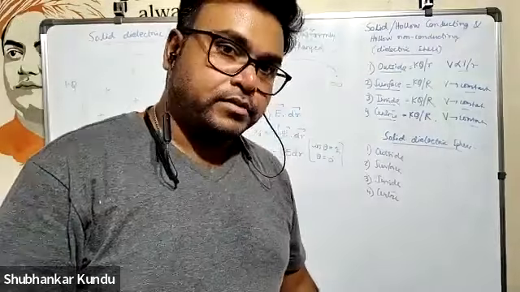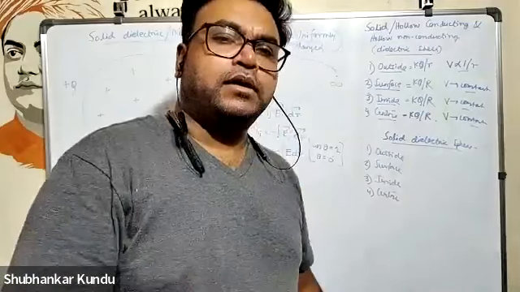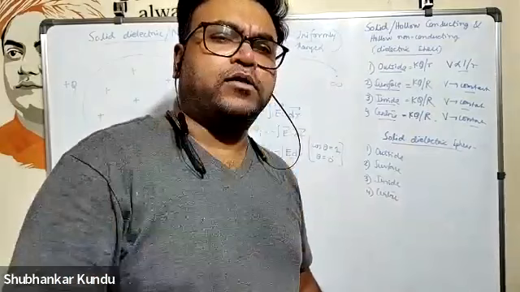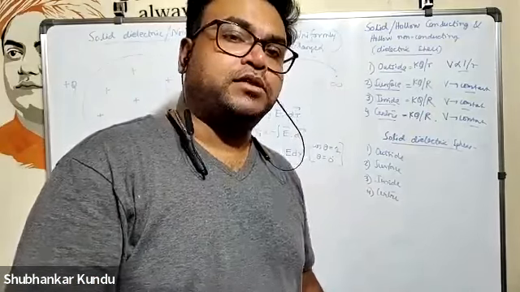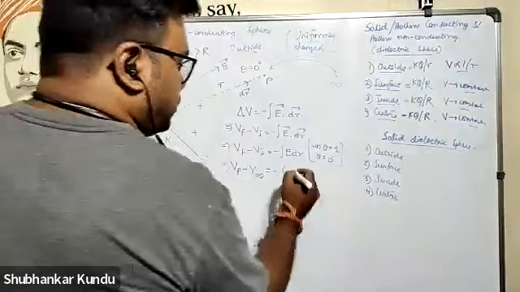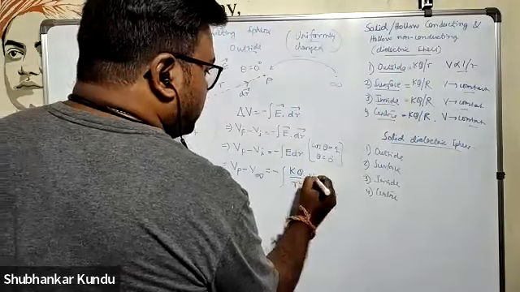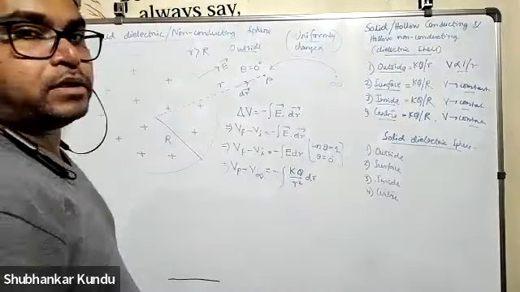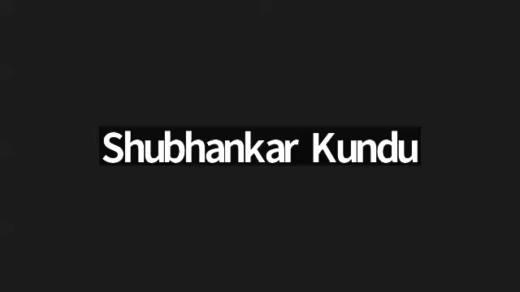I gave you the trick. Electric field outside any kind of sphere is KQ upon distance squared. Whatever the sphere is, consider the charge at the center. So it will be KQ upon r squared dr. What about the limits? We are bringing the charge from infinity to P, so the limits will be infinity to P.